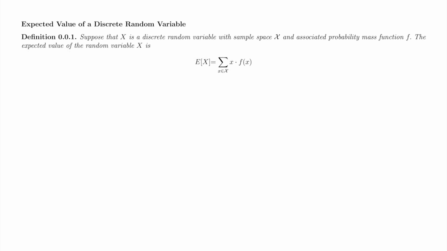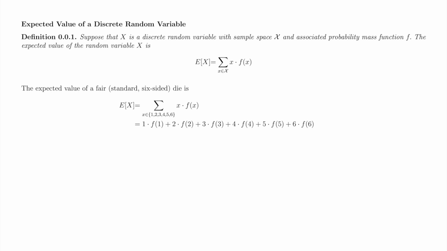The last thing we need to discuss is the expected value of a discrete random variable. Expected value is a weighted average, using the probability mass function as the weighting function. Expected value really makes sense only for a random variable that takes on numerical values. Let's compute the expected value of a standard die. The sample space is the set 1, 2, 3, 4, 5, 6.